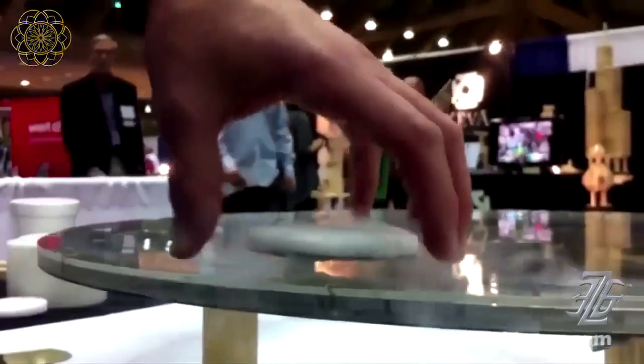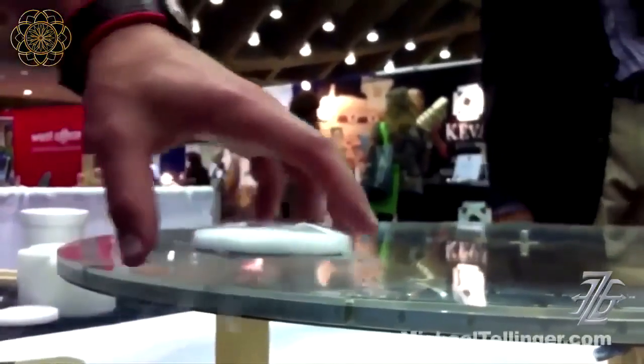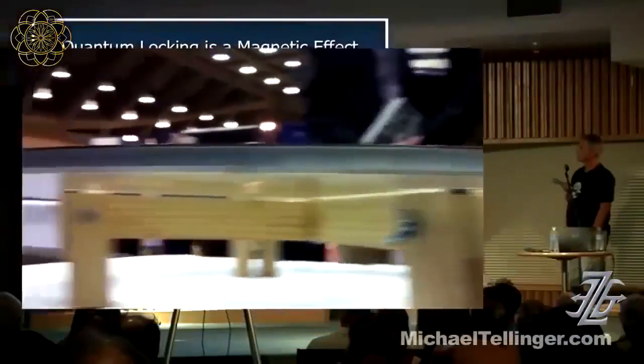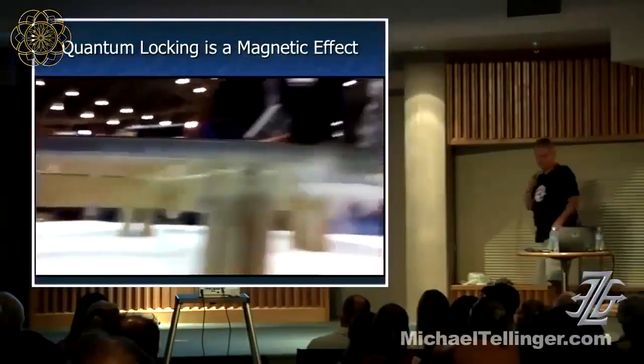You can put it at different heights and lock it at the height. Lock it, yeah, different height, different configuration. And I can even lock it the opposite way. If you could just hold for a minute. I'm doing the same thing. I'm locking it upside down, and then it is suspended.